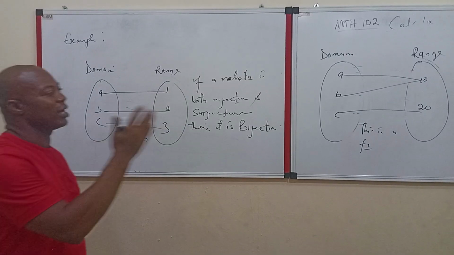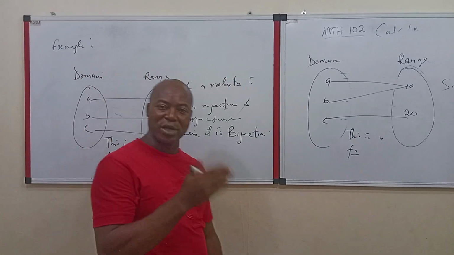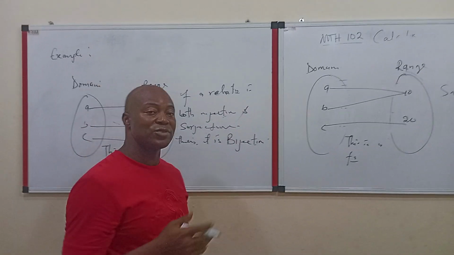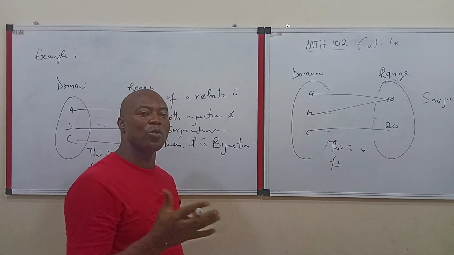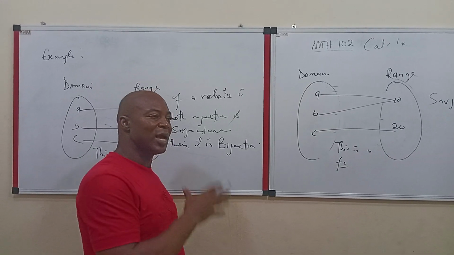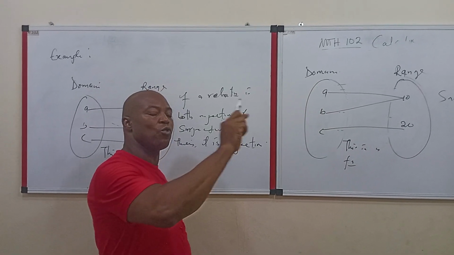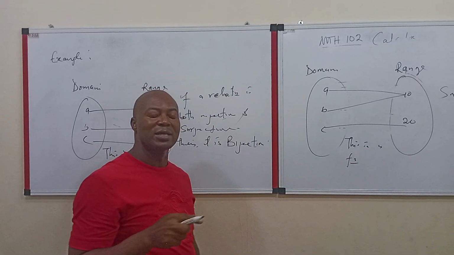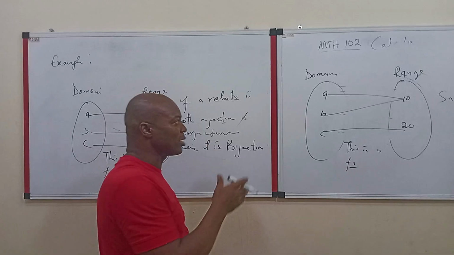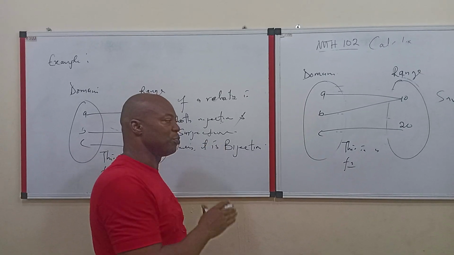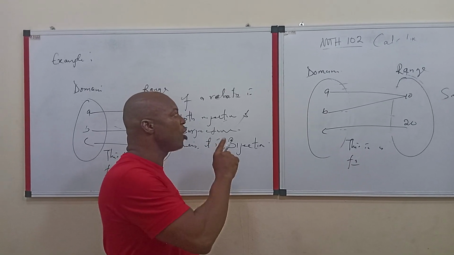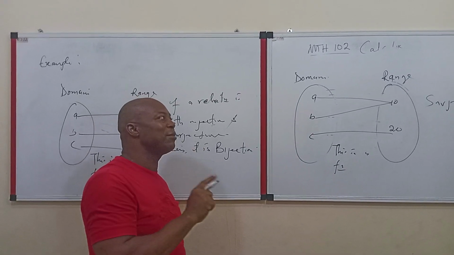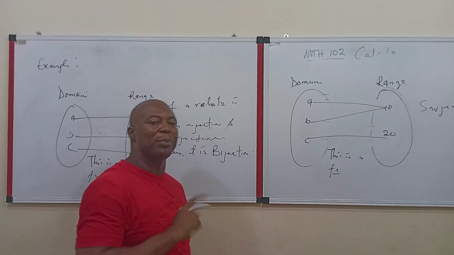So we have talked about a function, the relation being injective, surjective, and bijective. For injective, we have said it must have a one-to-one correspondence: the elements from the domain must map at once to a unique value in the range. For it to be surjective, it must be a function, meaning all the elements in the domain must map out but once, and all the elements in the range must also be mapped.